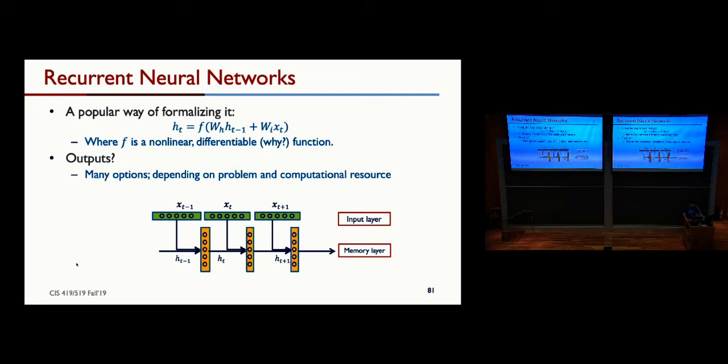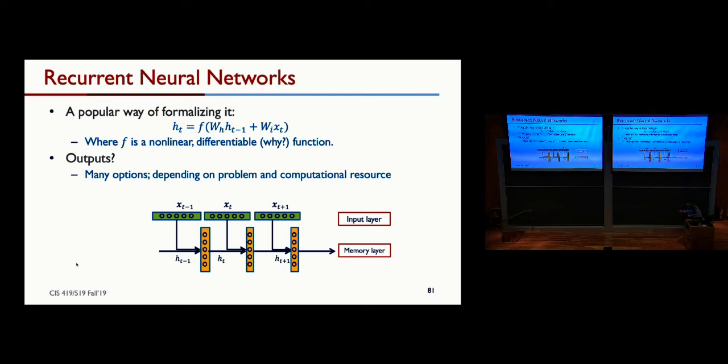Okay, a very simple function you could use is basically just two simple feed-forward networks. You take the input at any time step t, x sub t, and pass it through a feed-forward network with parameters, say W sub i, and you take the hidden vector h sub t minus 1 and pass it through another feed-forward network.